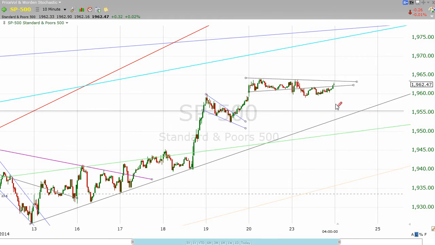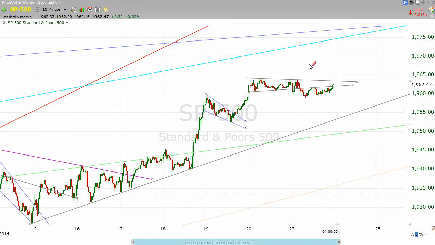I think that's fairly evident, but not strong resistance by any stretch, because when we tag this today, the S&P sold off by how much? About 0.2%. I mean, nothing. So this is only on the chart because it is there.